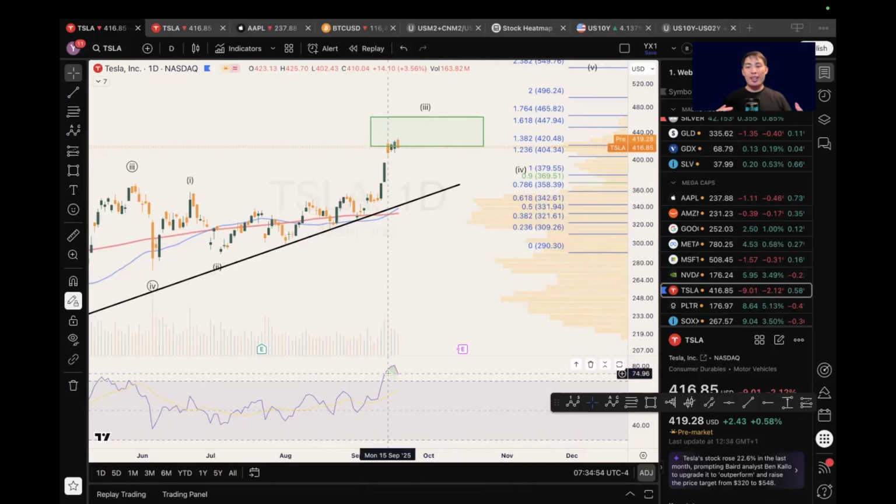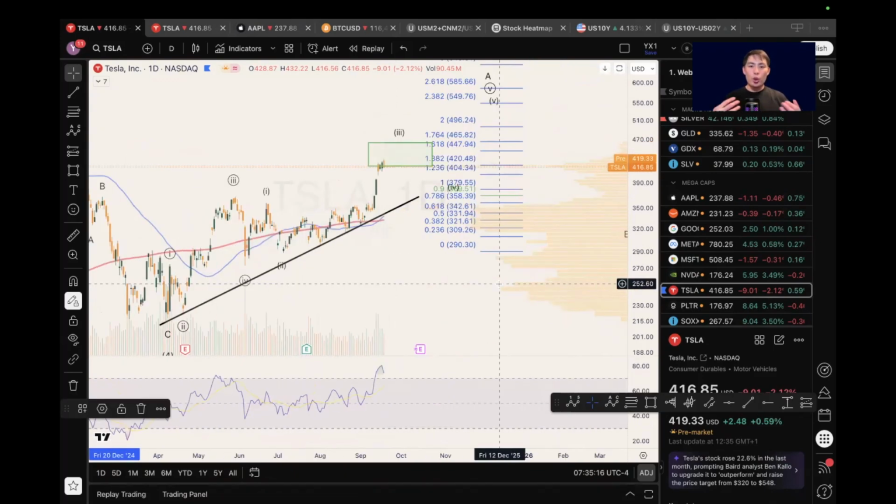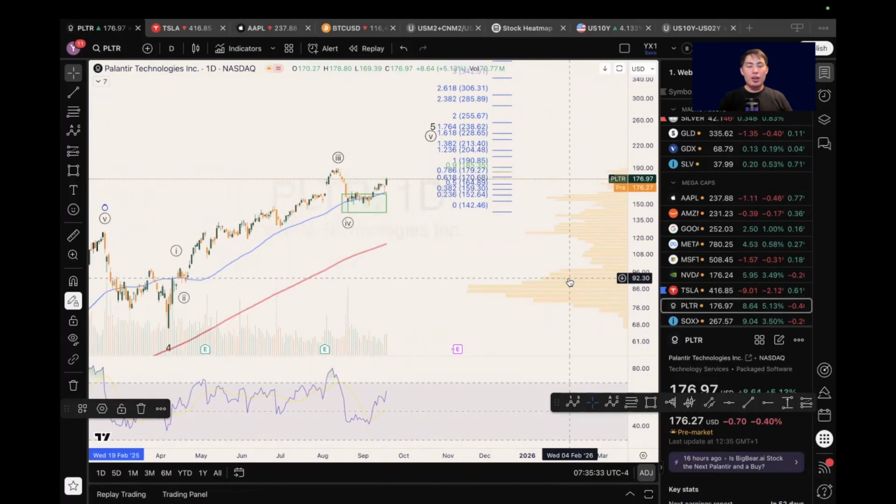So that's a pretty good hit rate with an 80% chance of Tesla moving higher within the next month after entering the 75 RSI level. Overall, I do think we can stretch to 450 at the 1.618 extension of this wave 1 before a pullback in wave 4.